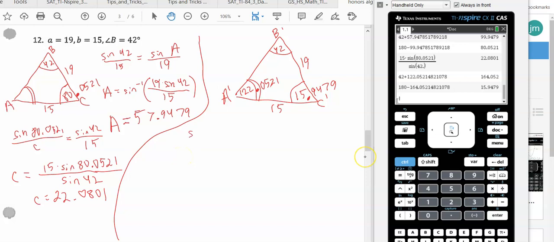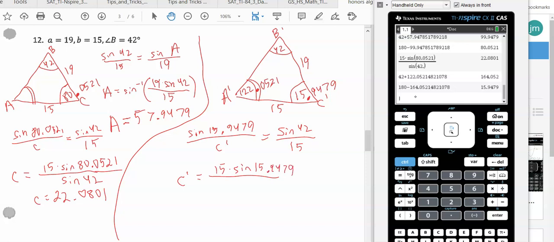There we go. So sine of 42. You could have chosen another angle. This one just seems easy to write. So little c prime is equal to, do the fraction here, so I guess 15 times sine of 15.9479 divided by sine of 42.